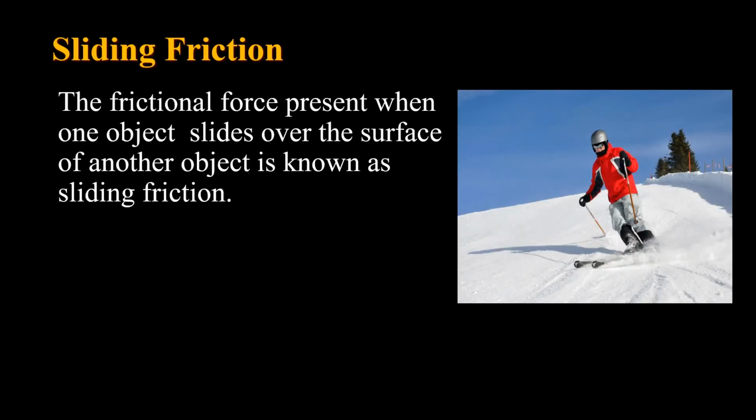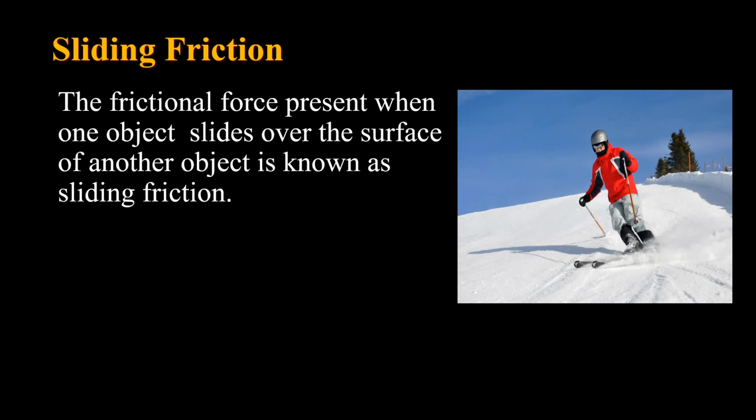Second is sliding friction. The frictional force present when one object slides over the surface of another object is known as sliding friction. The force of friction between two surfaces in contact when one of them just slides over the other is also known as kinetic friction. The force required to keep a body in motion is less than the force required to start the motion.